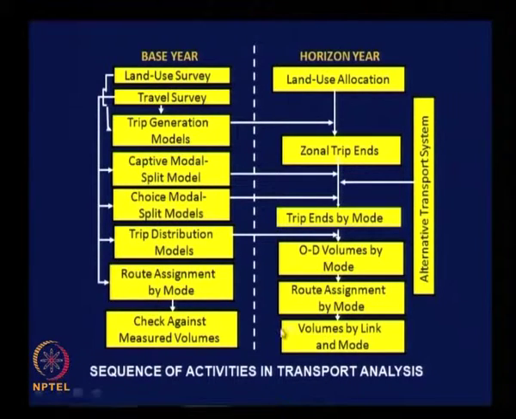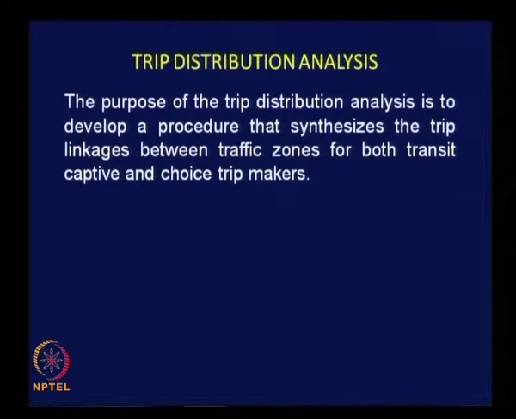We have completed, as you can recall, trip generation models, captive modal split model, choice model split models. These 3 boxes are completed now. We are into the 4th box, namely trip distribution modeling exercise. And trip distribution is aimed at developing a procedure that synthesizes the trip linkages between traffic zones for both transit captive and choice trip makers.